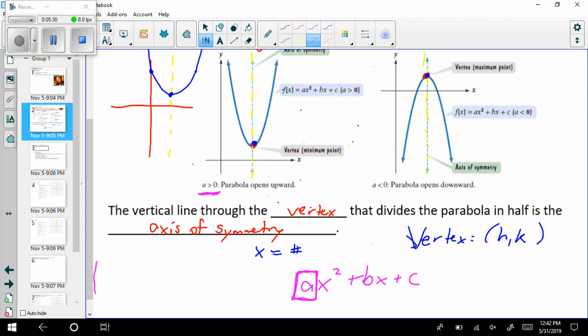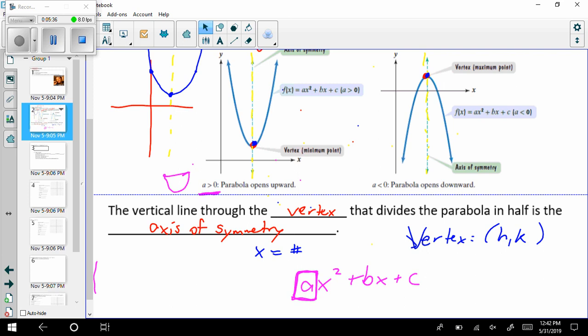If a is greater than 0, so if a is positive, think happy parabola. That's a mess. It's going to open up if a is positive. If that a is negative, if it's less than 0, think sad. The parabola is going to open down.